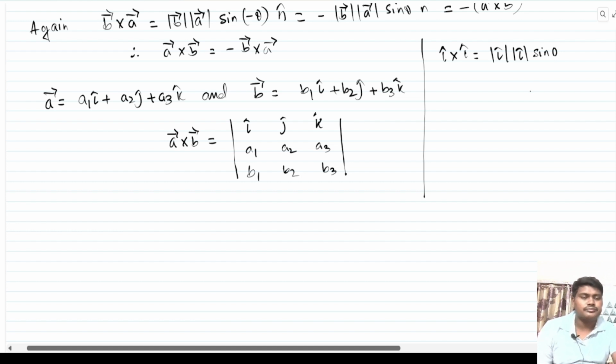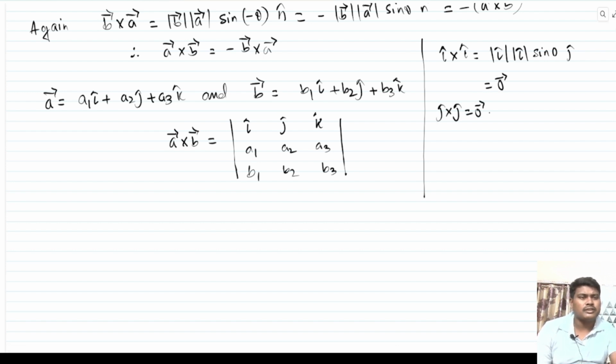Since i vector and i vector are both along the x-axis, in this case we can say that k cap or j cap, any vector which is perpendicular to both i and i, so in this case we just consider here j cap, so it means the 0 vector. Similarly, j cap cross j cap is equal to 0 vector, and k cap cross k cap is also 0 vector.